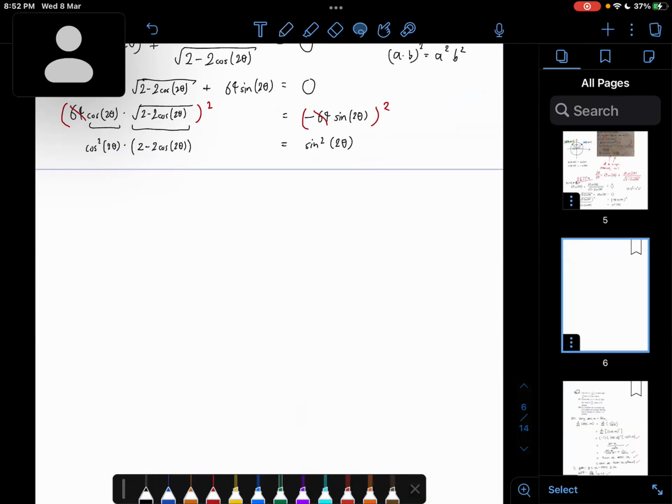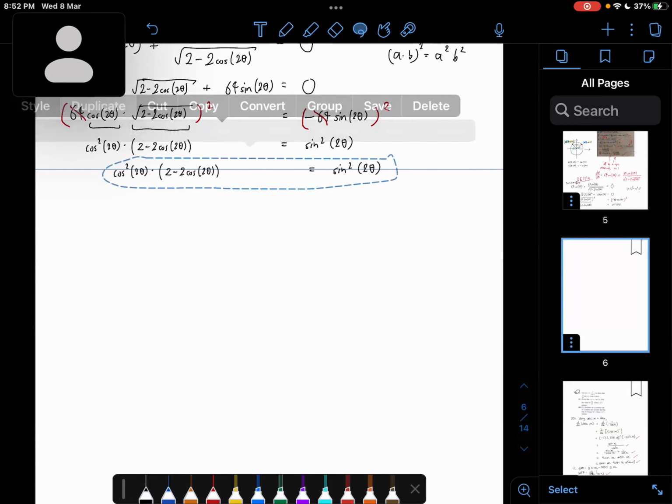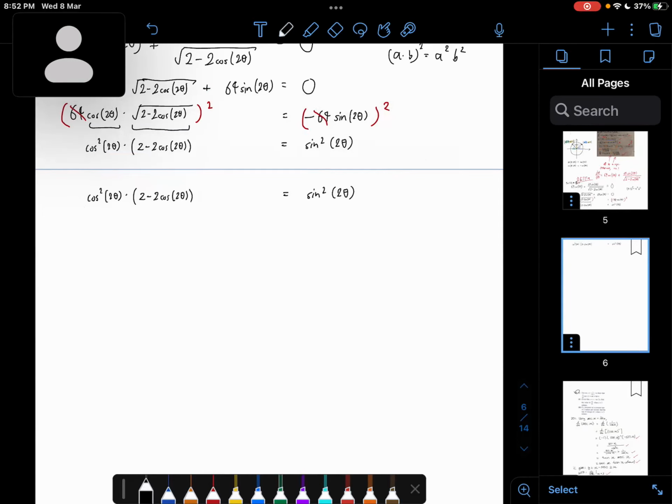Let's see how to solve this. Multiply it out, so we end up with 2 cosine square 2 theta minus 2 cosine cube 2 theta equals sine square 2 theta. Luckily, everything is 2 theta, so we don't need to use double angle identities.